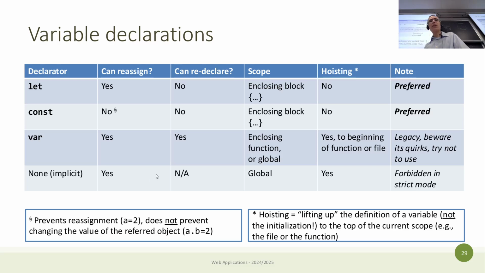So what's the difference between the ways of declaring a variable? Well, let and const are easy to understand. Var, well, var is more or less like let, but it can be redeclared. So you write var a, etc. At a certain point of your code, again, var a equal to. Okay, this is another strange behavior of JavaScript.